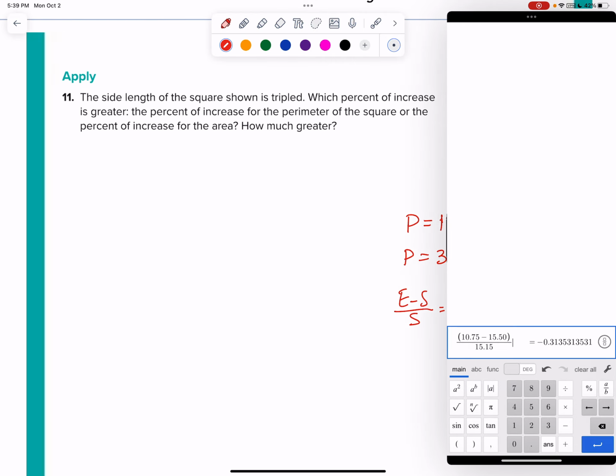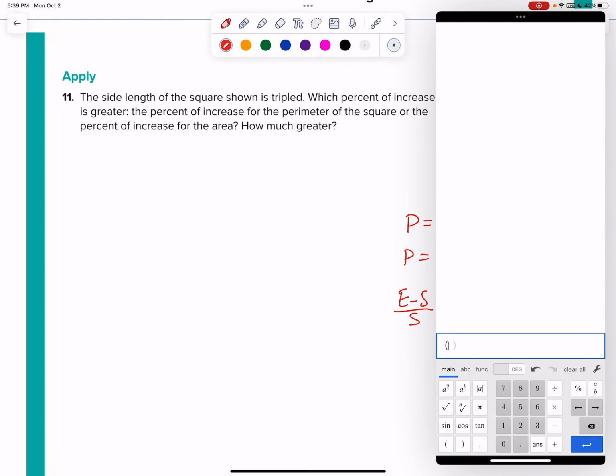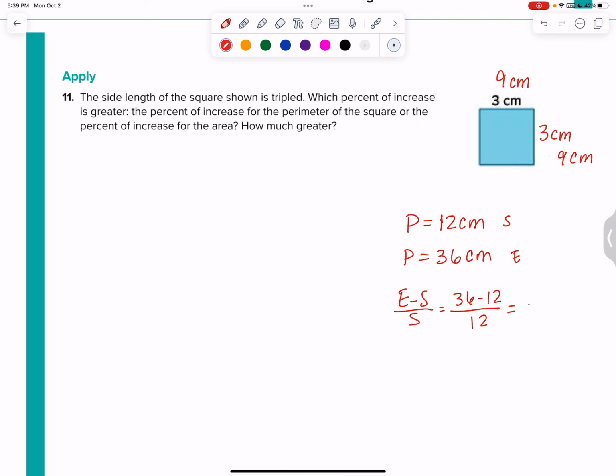So 36 minus 12 divided by 12 equals 2. Okay. But I still have to, here's my decimal point, multiply by 100. So look what that makes. So I end up with 200%, and I'm going to write it down, increase. And this is for my perimeter.